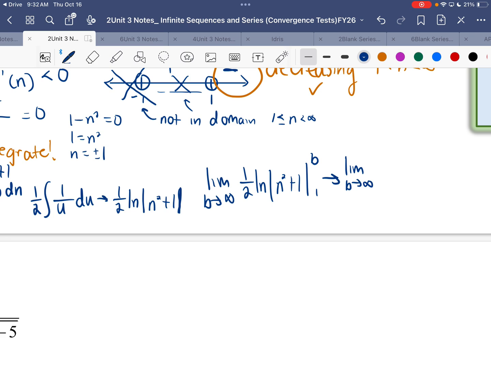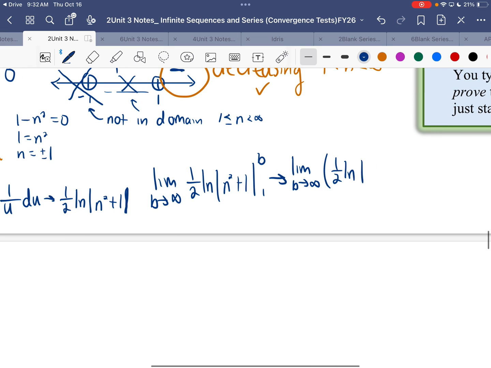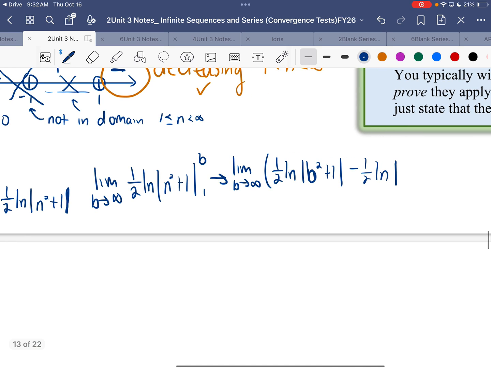And this is the point where some of you lost credit on the test because you had linkage errors. You could even have put in b the boundaries. Oops, that's a b. Minus 1/2 ln 1 plus 1, so 2.